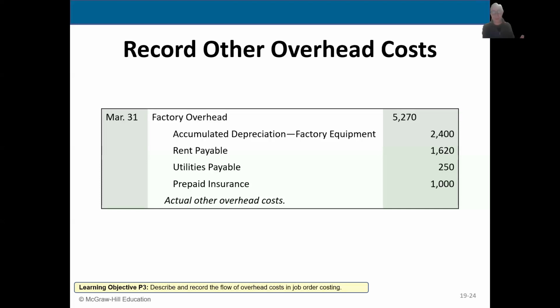Add all those up to get $5,270 of factory overhead applied. So I debit factory overhead $5,270, and I credit all of the individual overhead components. What that does is it raises factory overhead based off of the actual consumption. Soon I'm going to show you how to adjust.